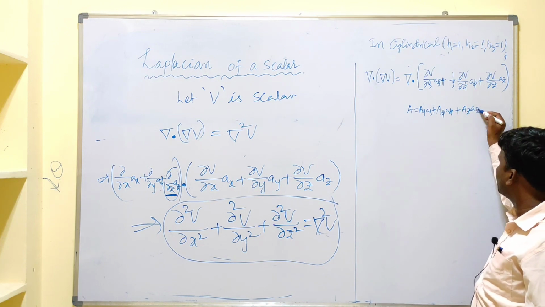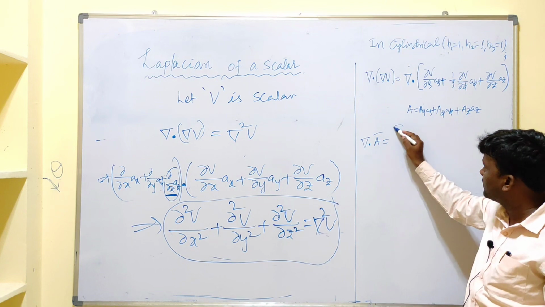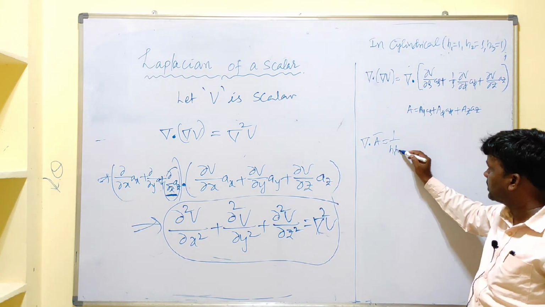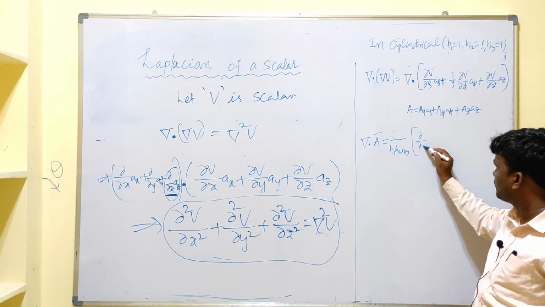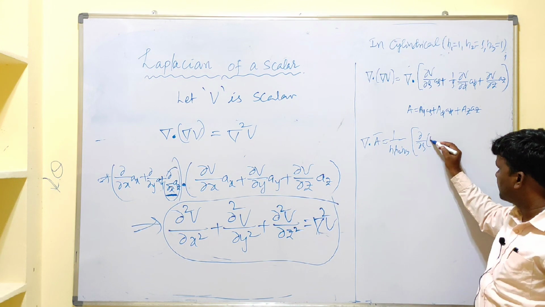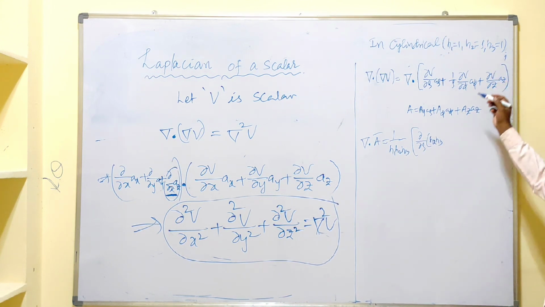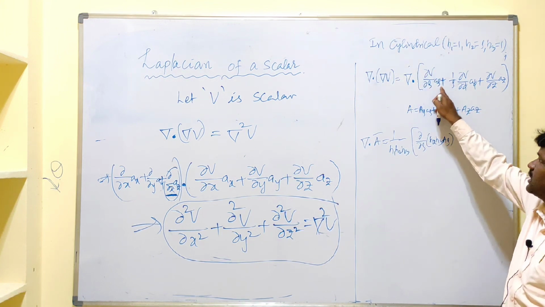Now apply the divergence formula, that is del dot A bar. We have the formula: 1 by h1 h2 h3, dou by dou rho of the first element, that is h2 into h3 into a rho, where here a rho is dou v by dou rho.